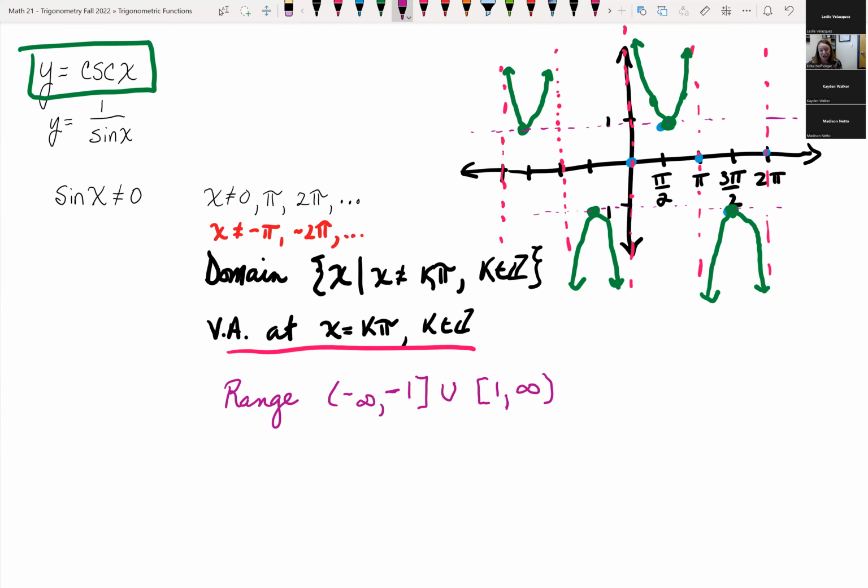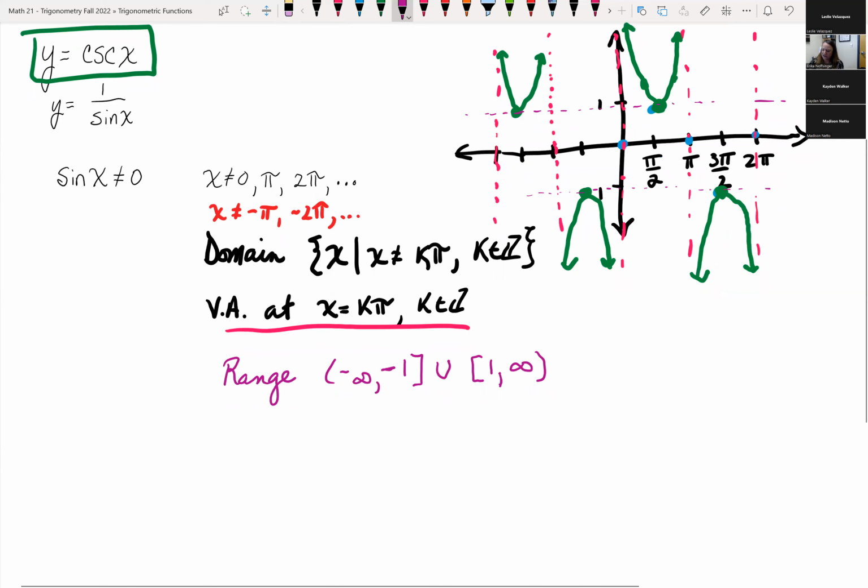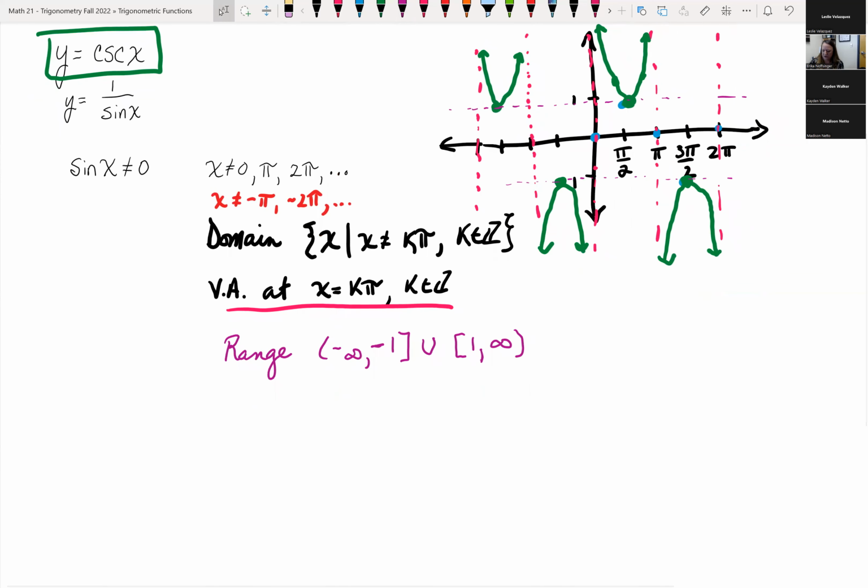So when we have shifts in our graphs, then basically, again, we're going to use the base of our reciprocal function, sine of x or cosine of x, depending on which trigonometric function we're looking at. We're going to look at those shifts and reciprocals and use the picture of that function to help us graph cosecant of x or secant of x.